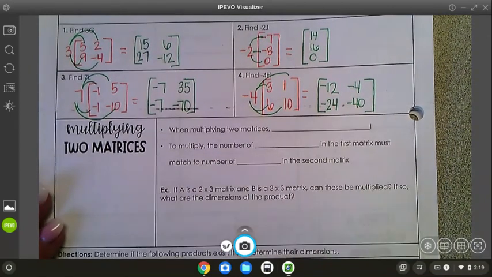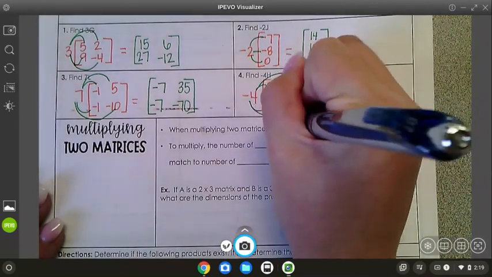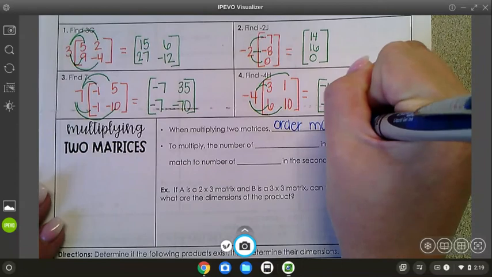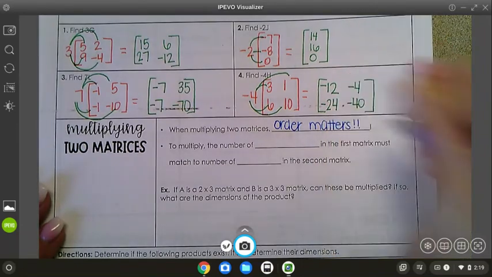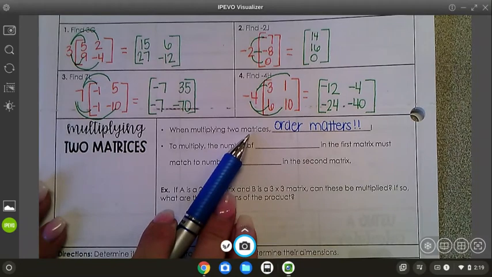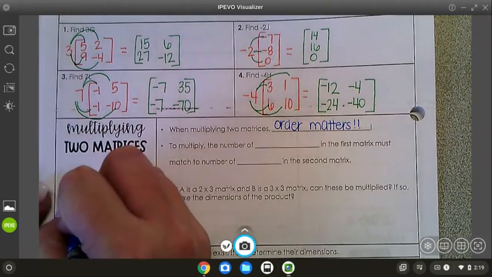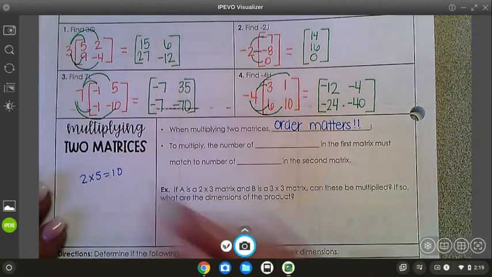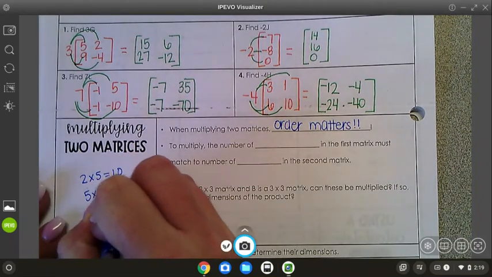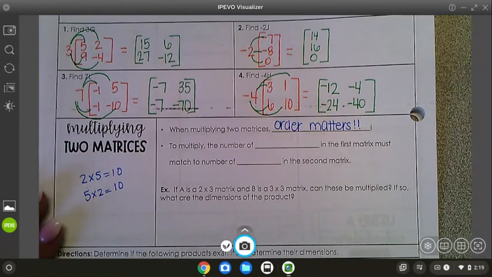So when you multiply two matrices, the order matters. Unlike regular multiplication, if we're doing 2 times 5, you get 10. If you do 5 times 2, you get 10. You get the same thing.